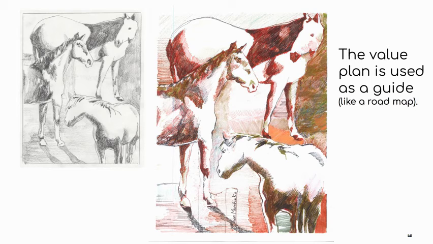That was really important for me to have a value plan when I did this artwork, because this is in marker, and as you know, we don't use white marker, we use the whiteness of the paper. So I knew exactly where I was supposed to preserve the light values of my paper because I had my value plan beside me.